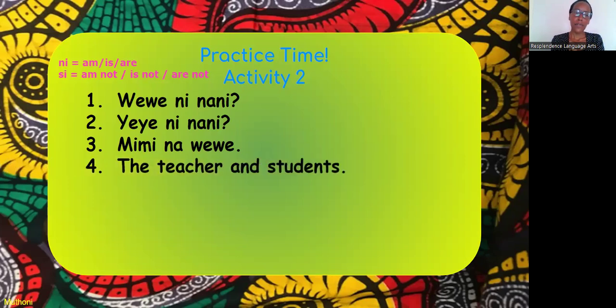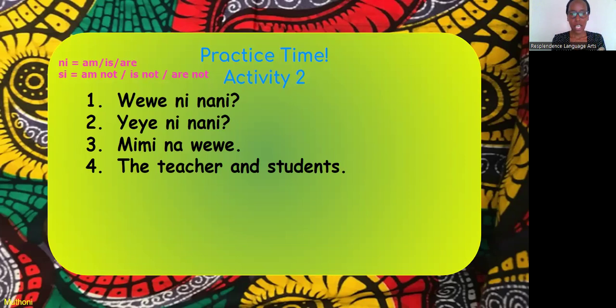All right, number 4, the teacher and students. Translate into Kiswahili, the teacher and students. Remember the word for teacher? Yes, because I'm always saying Mwalimu Muthoni, Teacher Muthoni. All right, and students? This is a new word learned. A student is mwanafunzi, but wanafunzi is students. So let us translate this. You go first. Yes.